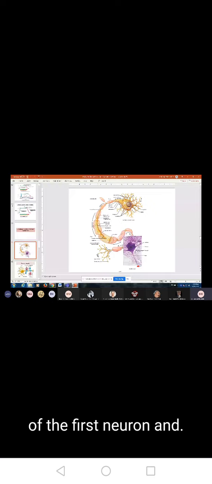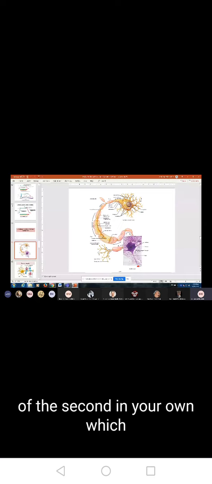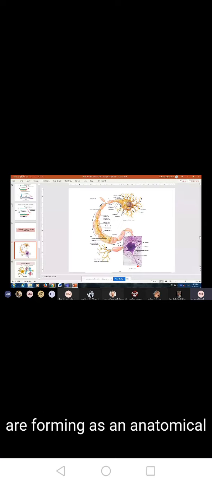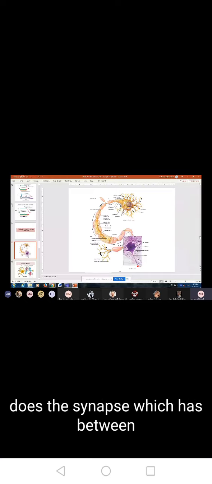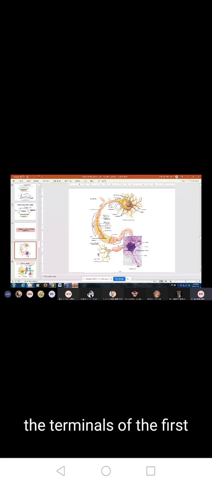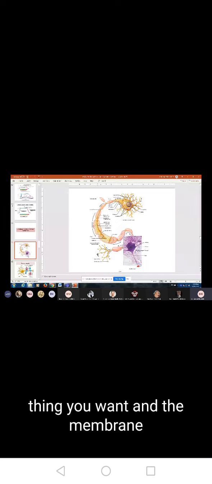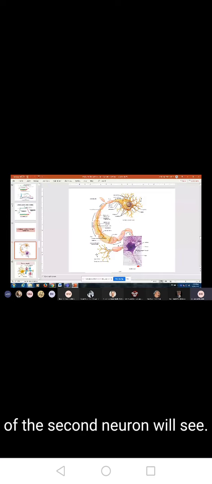Okay, we'll see that later on, and we'll see what we are calling that connection between the terminals of the first neuron and the cell body or the membrane of the second neuron, which is forming an anatomical structure called the synapse. That's the synapse, which is between the terminals of the first neuron and the membrane of the second neuron. We will see what happens at the terminal.